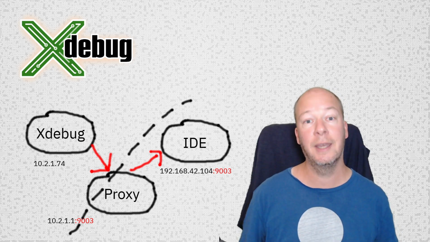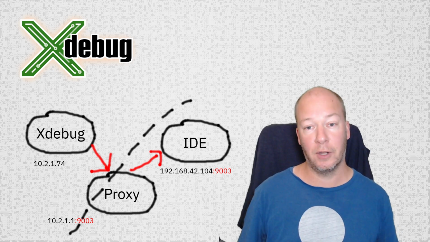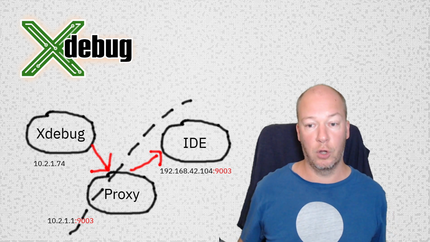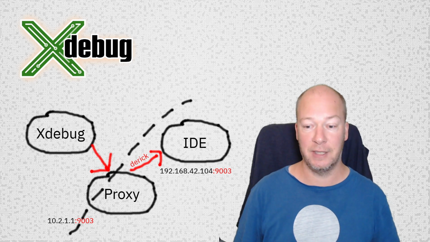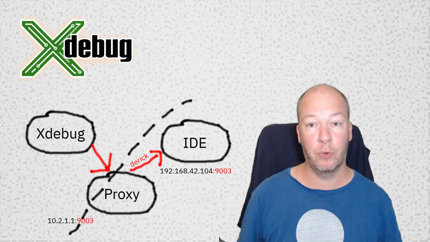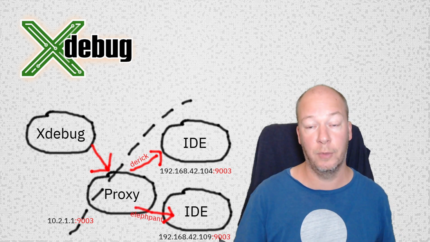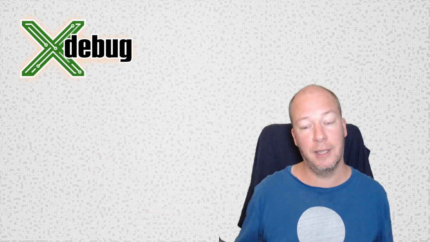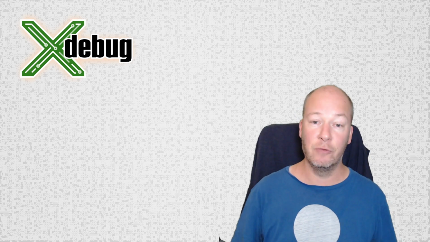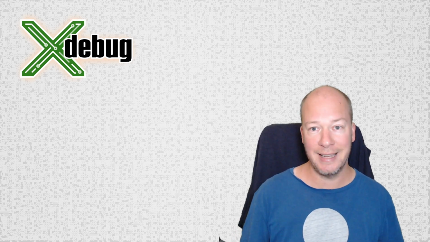The proxy then can forward all the incoming connections to your local machines, depending on which IDE key has been set, so that the proxy can forward the information to the right local machine for the right developer. The way the proxy knows how to do that is because IDEs need to register themselves with this proxy server with an IDE key.